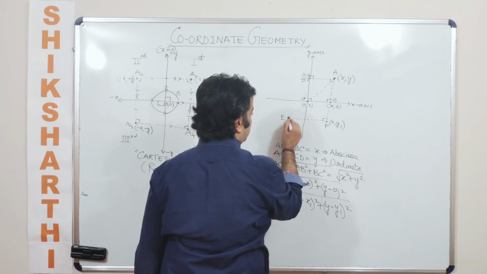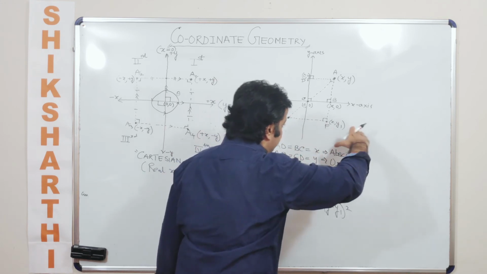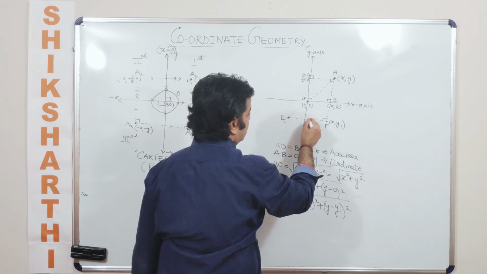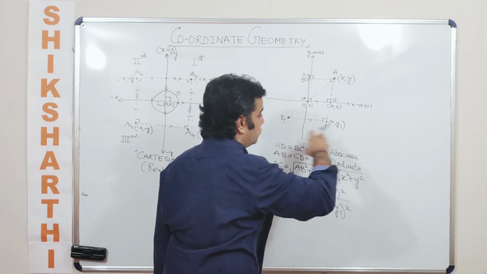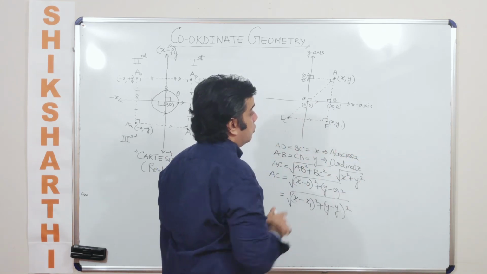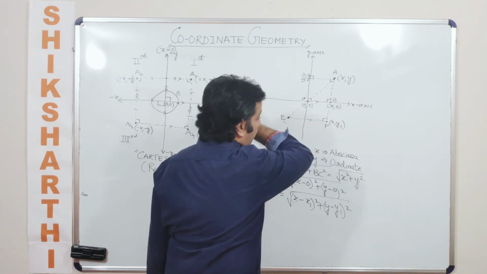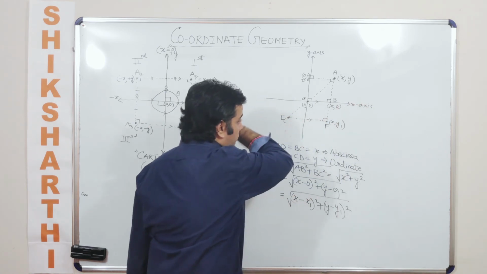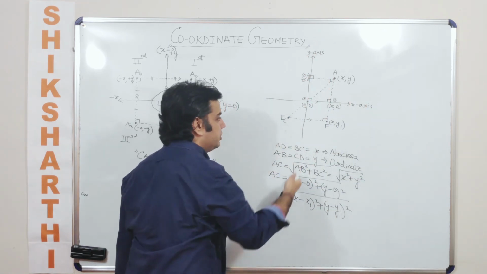And can I find the coordinates of E? I can. Now you have a line which is parallel to the x-axis. On the x-axis, there is no scope for the y part, but the x part remains the same. On the y-axis, the y component remains the same.